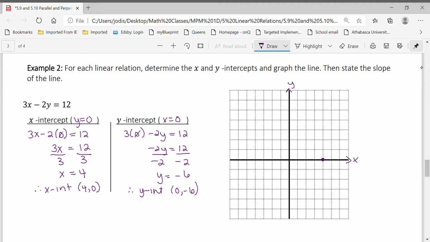My y-intercept, they said, was (0, -6). So go on your y-axis, and now we're going to go down 1, 2, 3, 4, 5, 6 at the very bottom here. Okay? And then we're just going to connect these 2 dots. And yes, in the past we've said 3 dots make a good graph, but if they're asking you to do x and y intercepts, we're only ever going to have 2 dots.